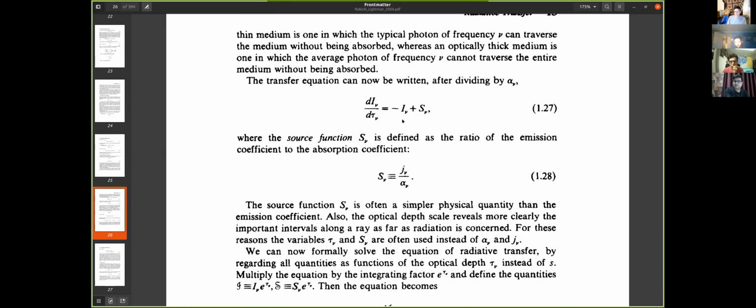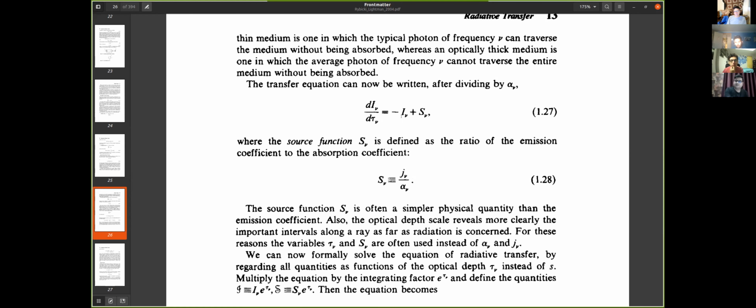And similarly, the other way around, if I nu is less than S nu, this whole term will be positive, and therefore d I nu by d tau will be greater than 0. So now this I nu will increase.